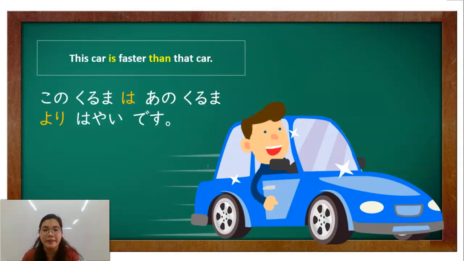So you are going to say, Kono kuruma wa ano kuruma yori hayai desu. Again, Kono kuruma wa ano kuruma yori hayai desu. So you have the comparison of two cars and noun 1 is the faster.